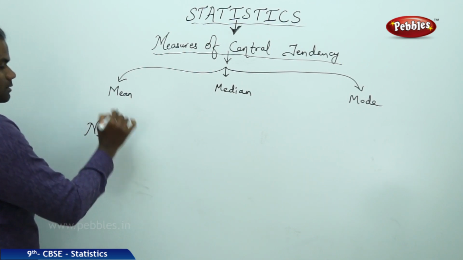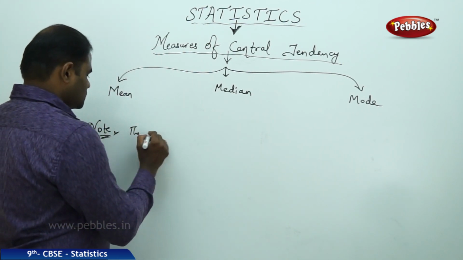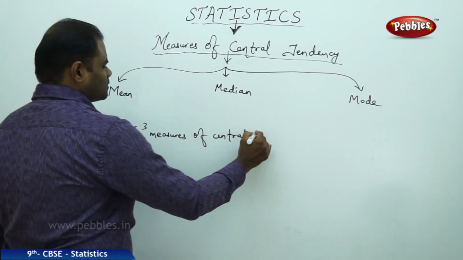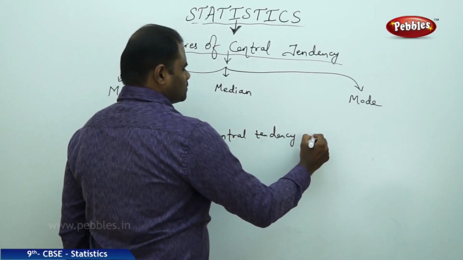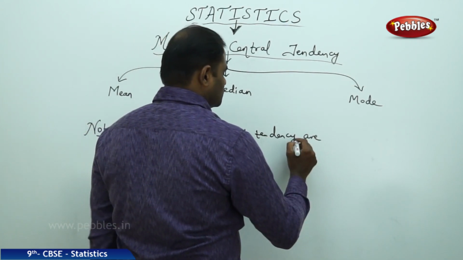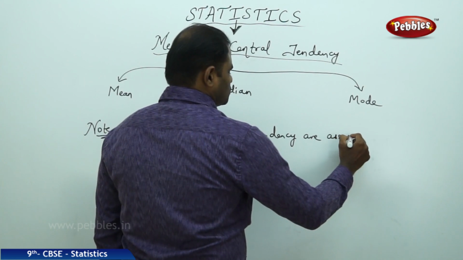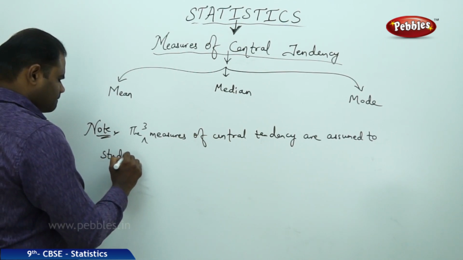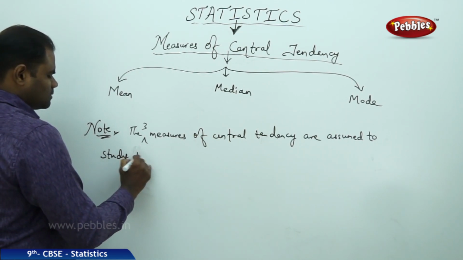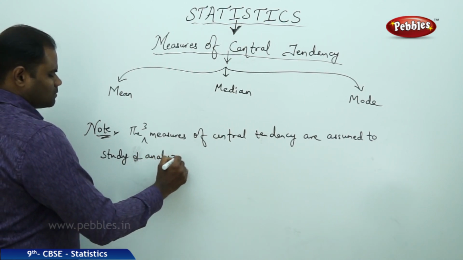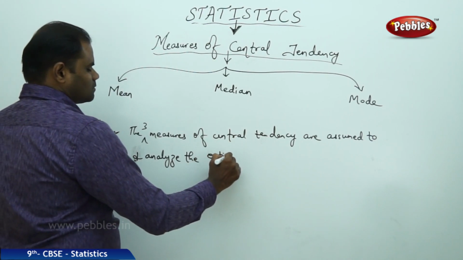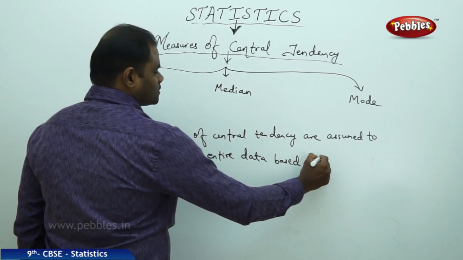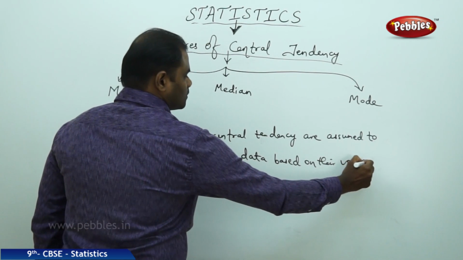So let's take note that the 3 measures of central tendency are assumed to study and analyze the entire data based on their values.